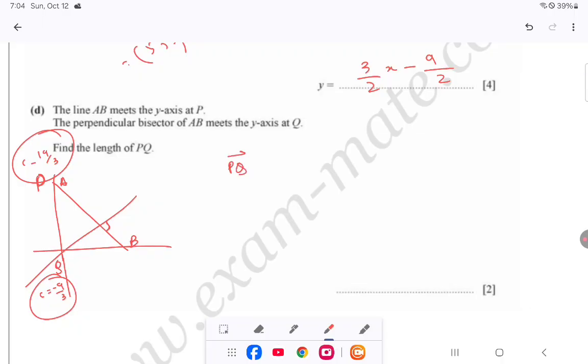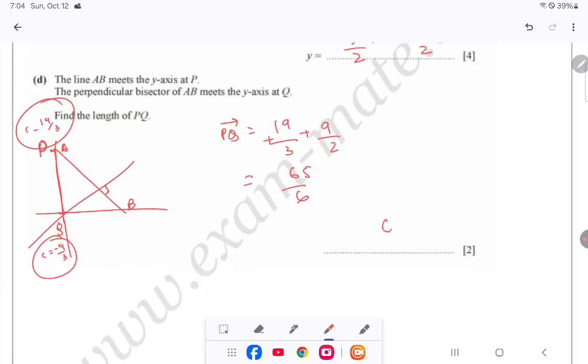PQ length is 19 over 3, which is negative, but since we are adding, ignore the negative sign. If we add the constants of both the parallel and perpendicular lines, we get PQ. Simplified further, it becomes 65 over 6. This is our answer, 65 over 6.